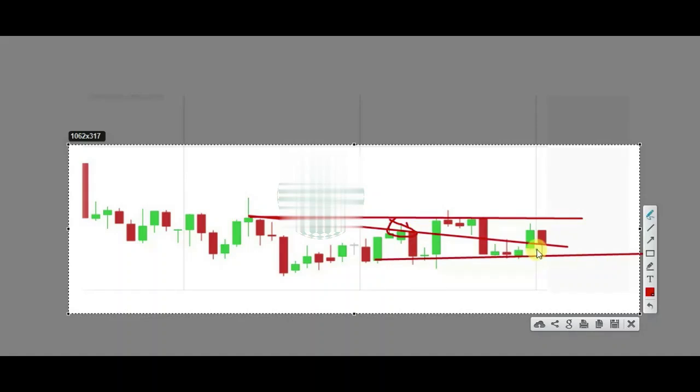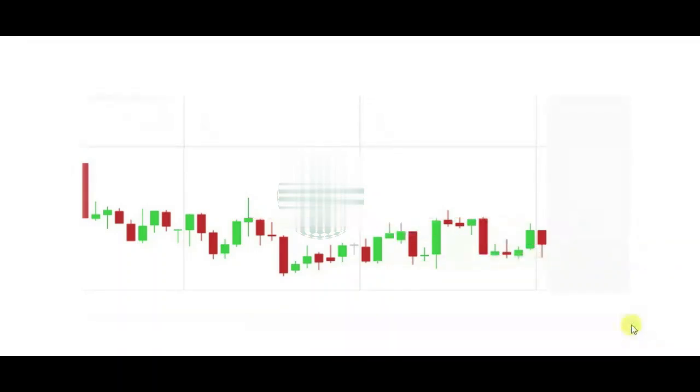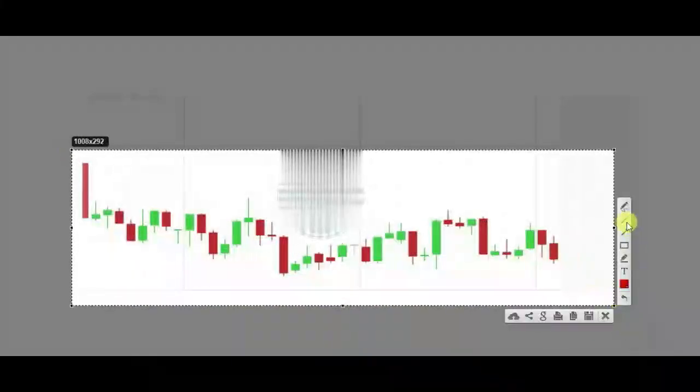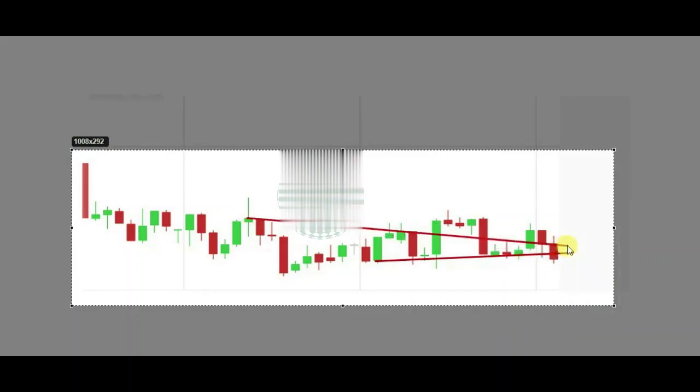I need to wait for the next candle to form. Now I can see, this is a buyer's level. Okay, and this is on levels.